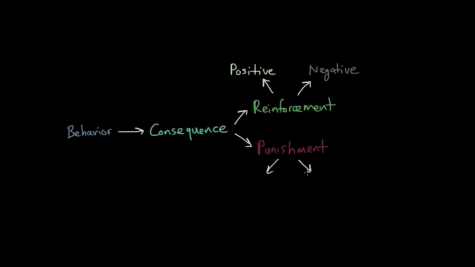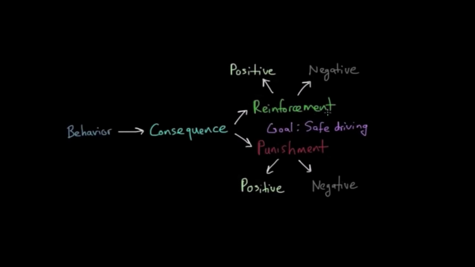There are two types: positive and negative. We're going to go over each one of these in the context of an example, and we're going to use a goal behavior or target behavior to help solidify this example. I'm going to say the goal behavior for this is safe driving.